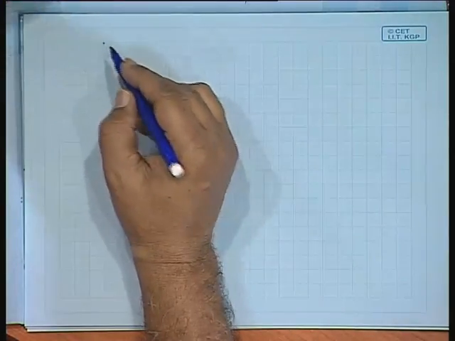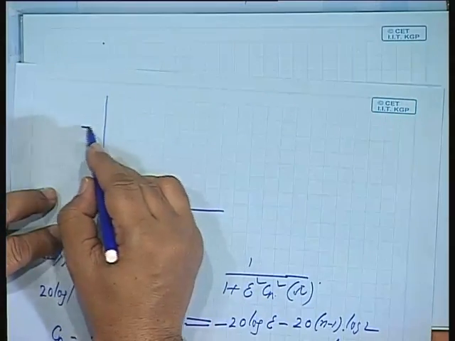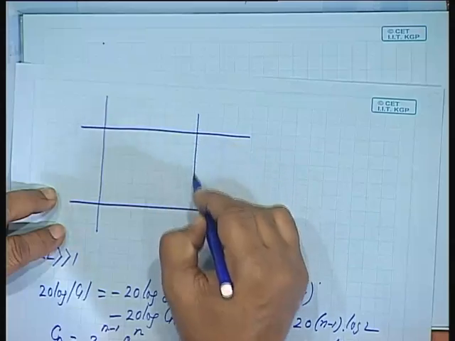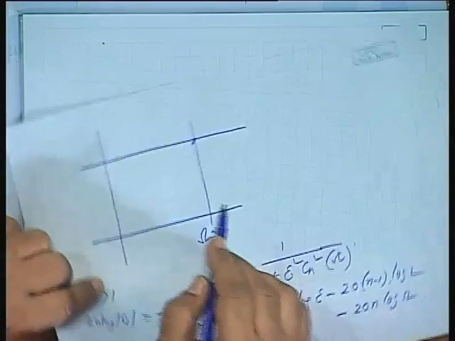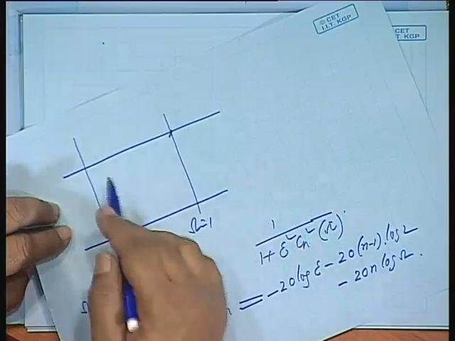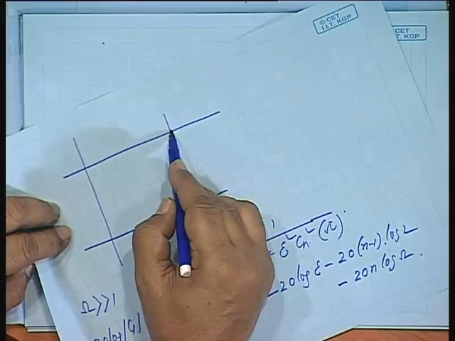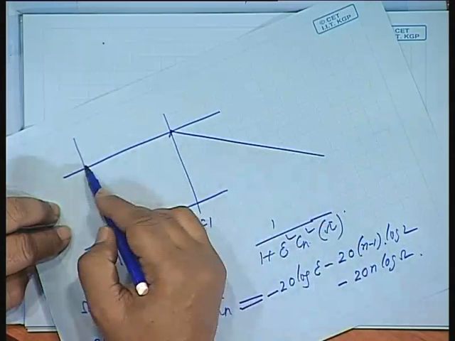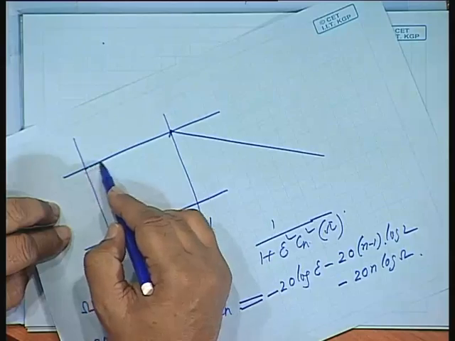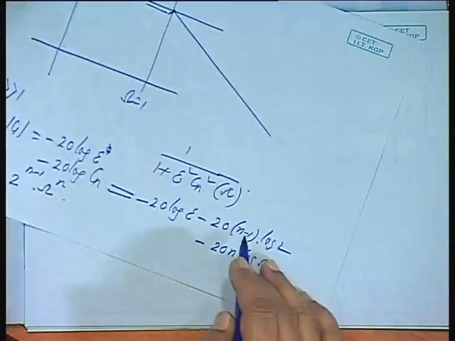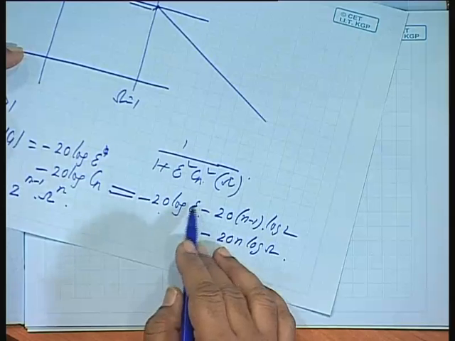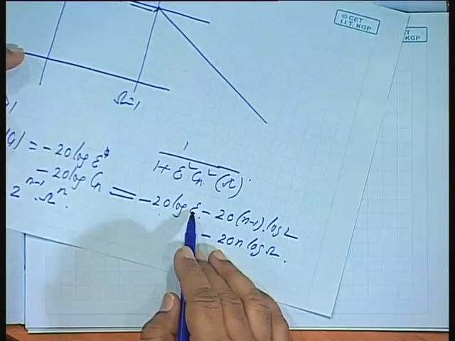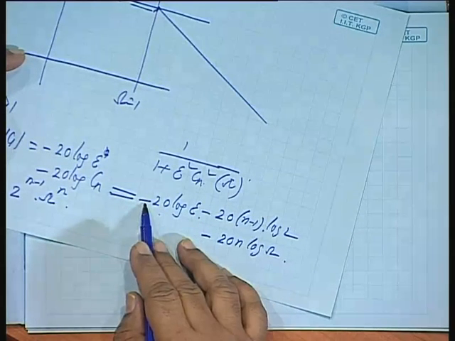Let me take it here. This is omega equal to 1. From this point onward, I am drawing only the asymptotes. So it will be here close to 0. Then 20 log of epsilon. Epsilon is a fraction, so the log of a fraction will give me a negative quantity, and negative and negative will give me positive.